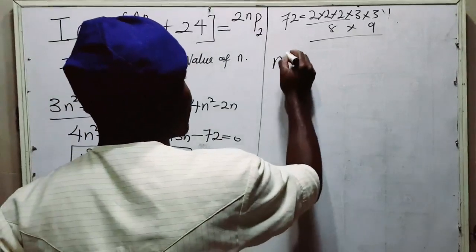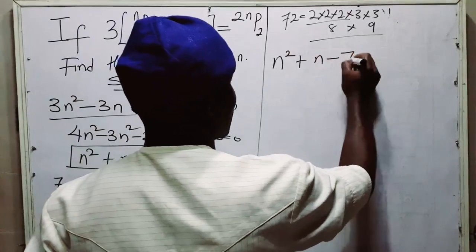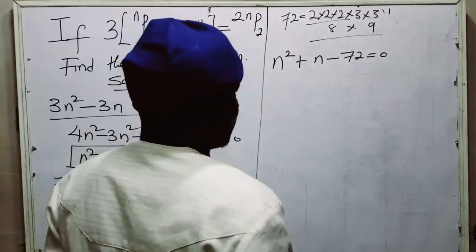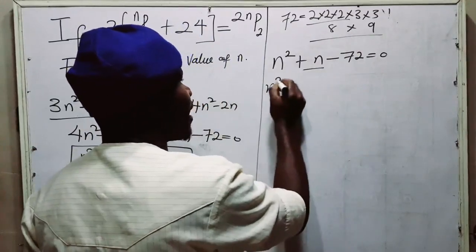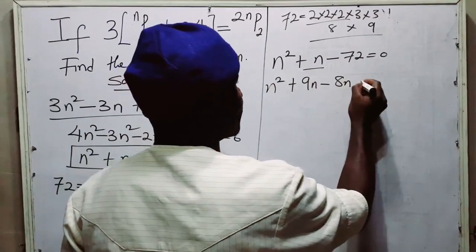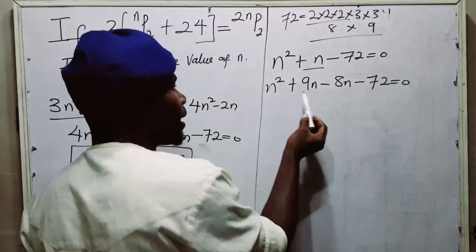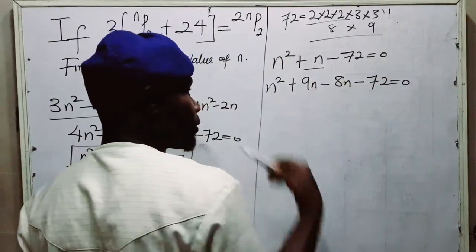So now, in this our beautiful equation, we have n squared plus n minus 72 is equal to 0. Now let's write the n as n squared plus 9n minus 8n minus 72 is equal to 0. Because by the time you put this together, 9n minus 8n will also give us n.